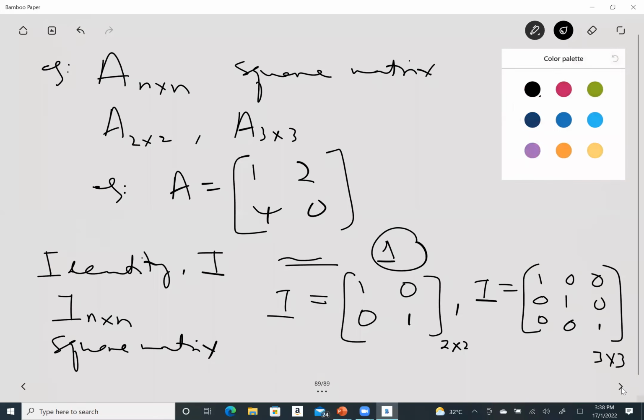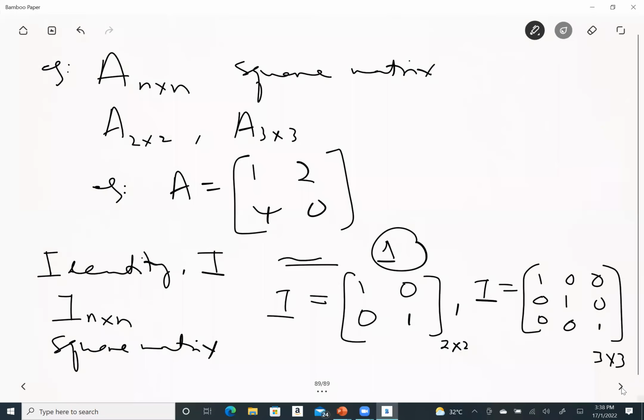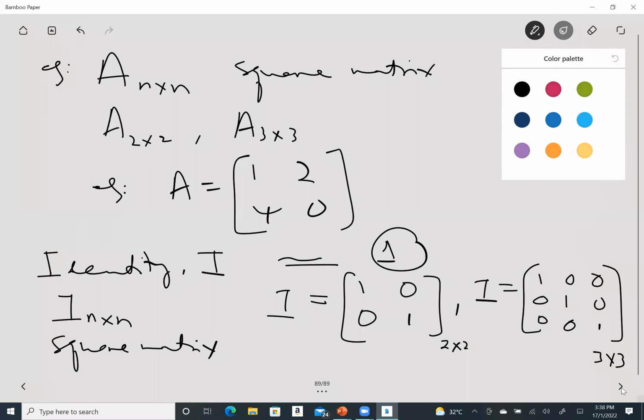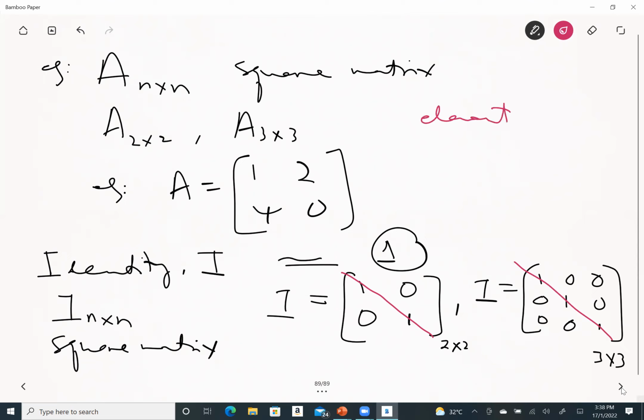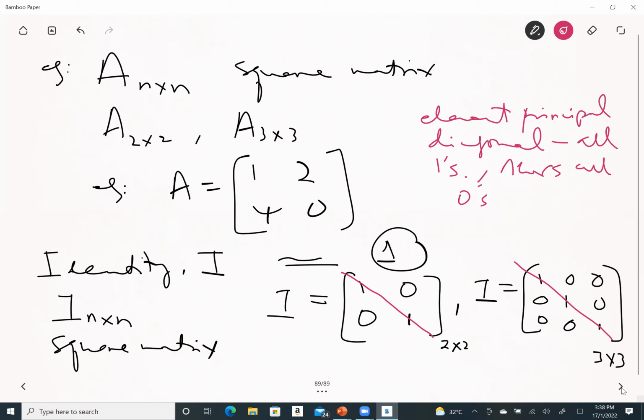Now, identity matrix, or I, you see here a special character in terms of the elements. The elements in the diagonal, we call it the principal diagonal, are 1. So elements in the principal diagonal all consist of 1s. Others all 0s. Okay.